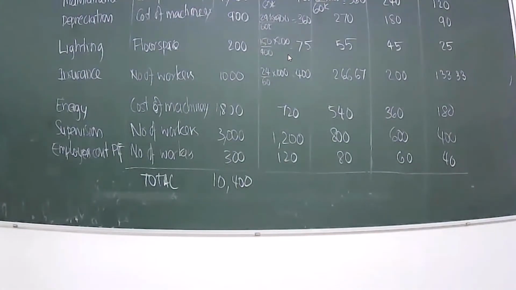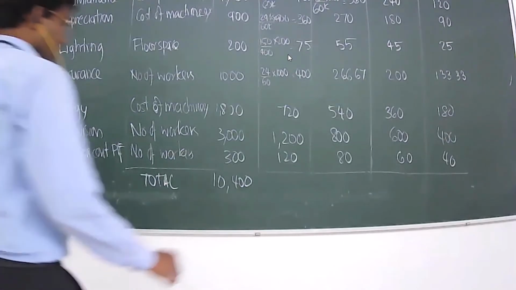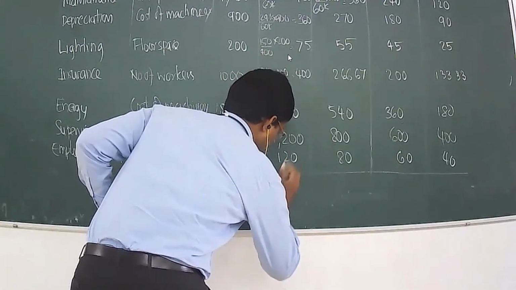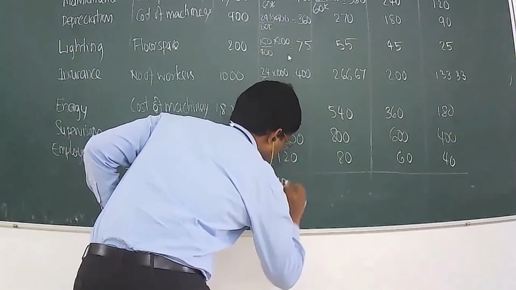Here this will be 750, 480, 360, 75, 400, 720, 1200, and then 120. It will be 4,105.